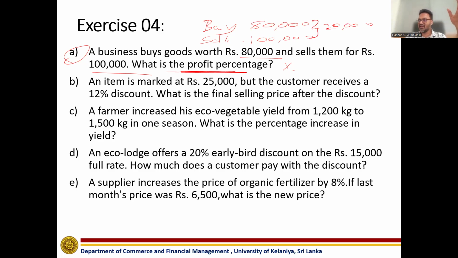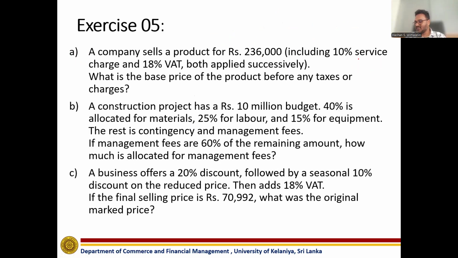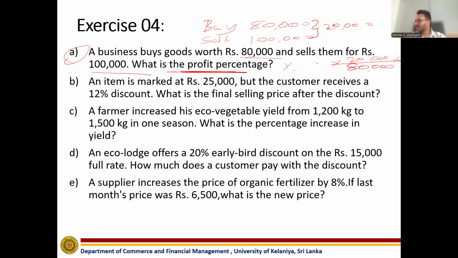If you have 80,000 and your profit margin is 20,000, what is the percentage? We convert this into a 100. I'll write here. So the answer should be 25%. Sometimes, because of this 100, you apply 20%, getting 20,000, and you get 20% as the answer. So you need to change those things.